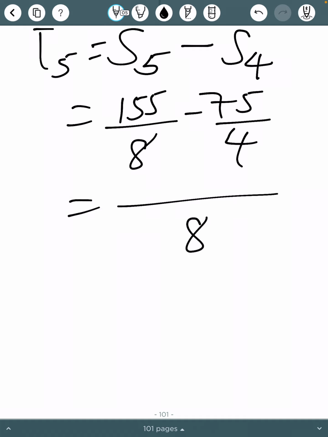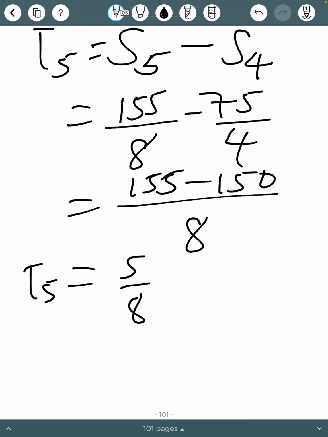LCM is 8. 155 minus 150 will give me 5 over 8. So the fifth term of the sequence is 5 over 8. That solves the problem in question 23b. Let's move on to question 24.